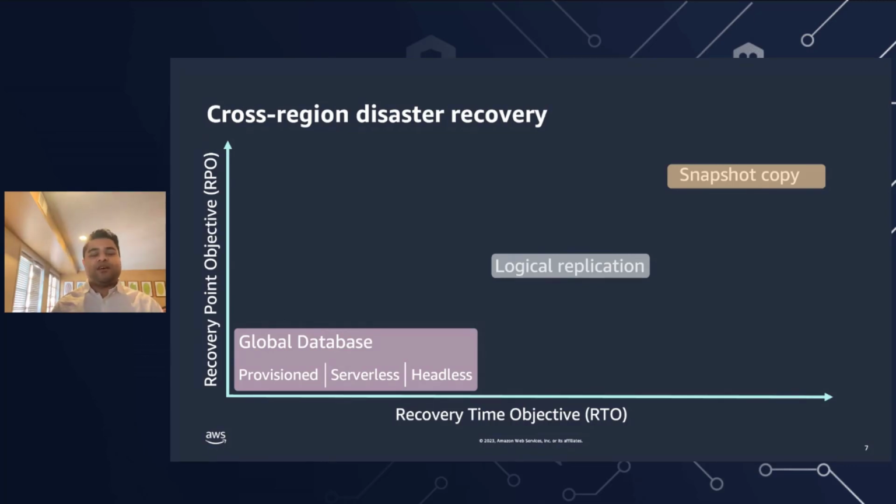Global databases, on the other hand, offer you a fully managed experience to replicate data across regions. It gives you an automated mechanism to fail over across regions and recover from disaster in typically under a minute. To help meet your recovery time as well as cost needs, global databases allow one of 3 provisioning strategies.